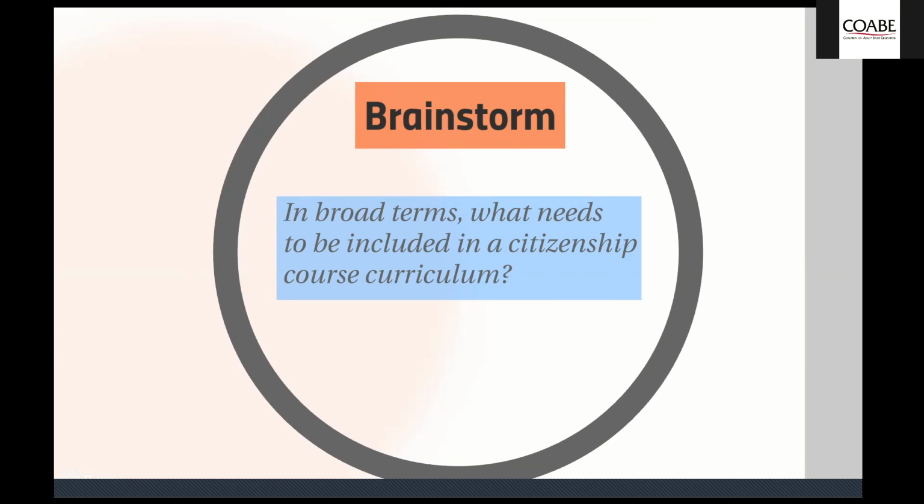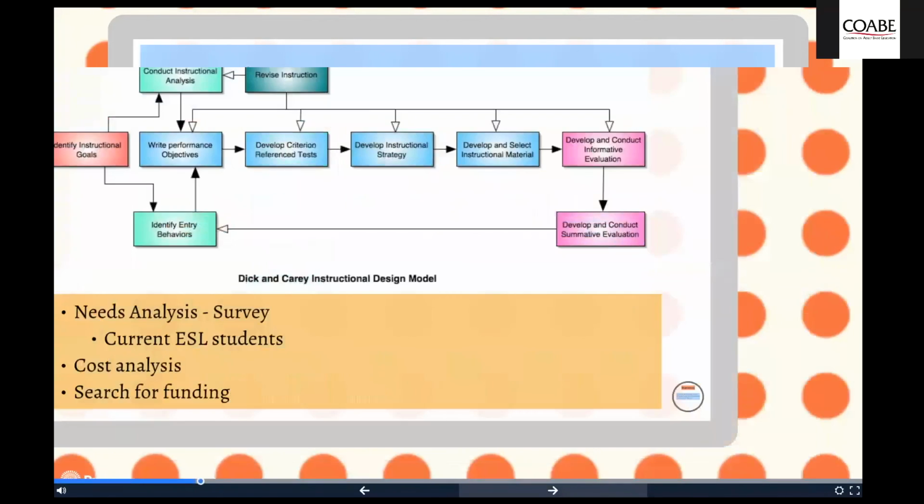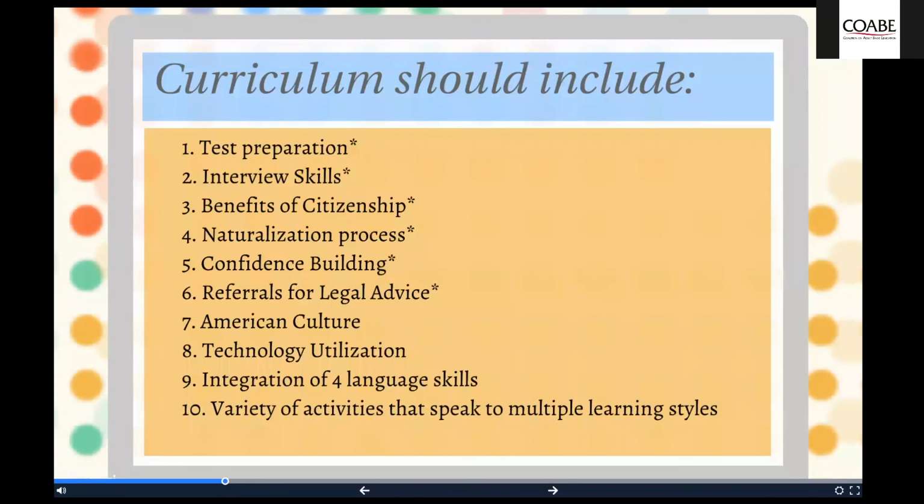Okay, so hopefully you have some good ideas out there, some good brainstorms of what would need to be included for this course. Let me review my list of things we need to include to have a successful citizenship class.